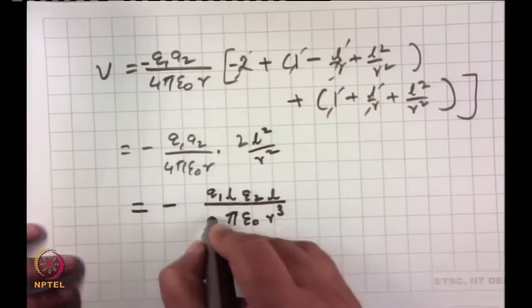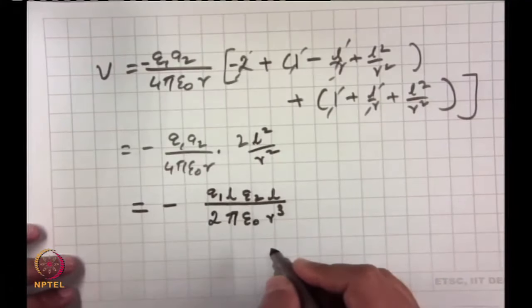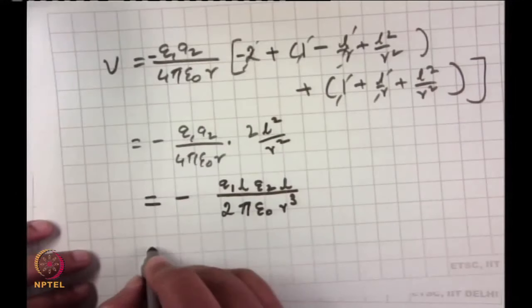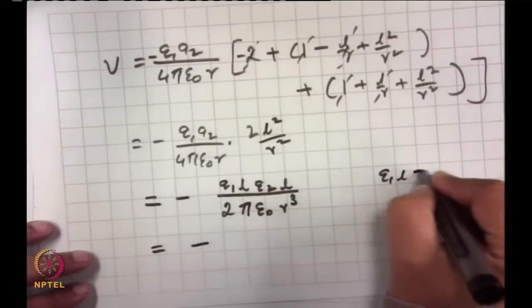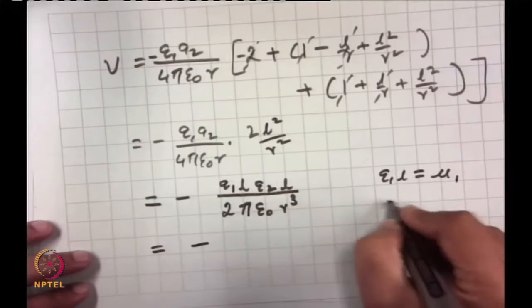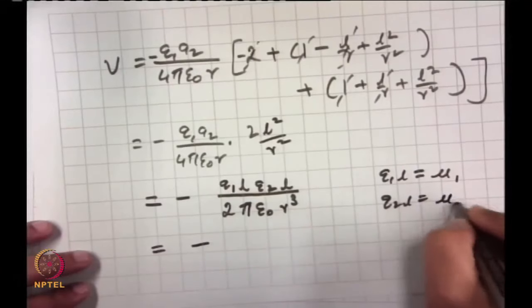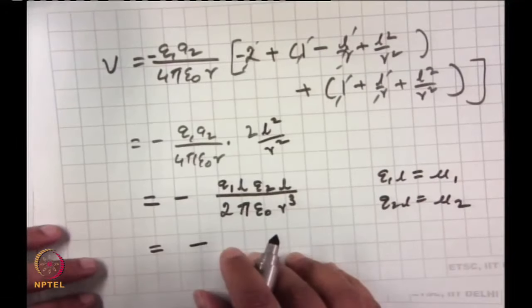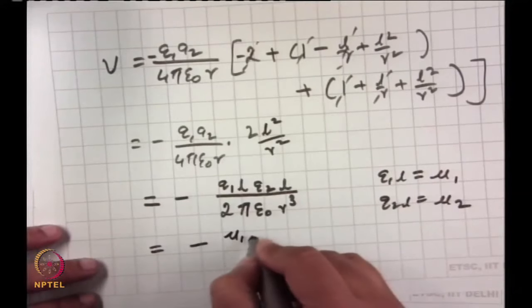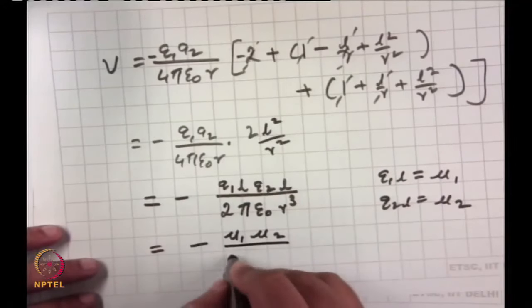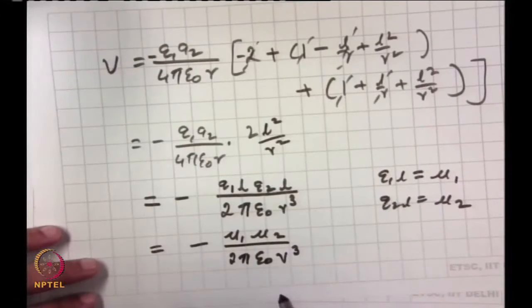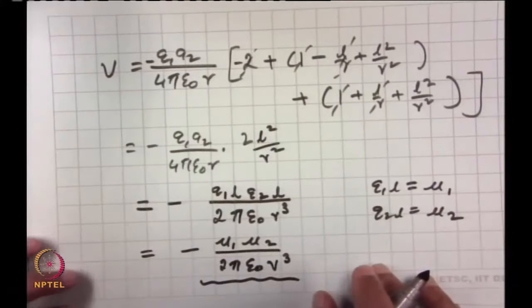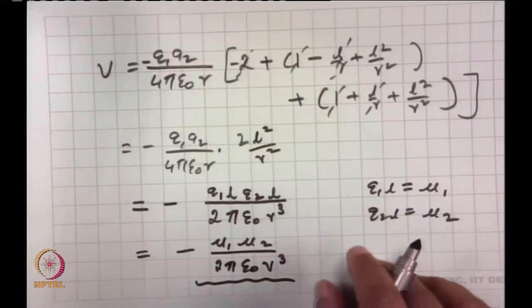So, essentially, q1 L can be written as mu1, q2 L can be written as mu2, and hence we have minus mu1 mu2 by pi epsilon 0 r cubed.